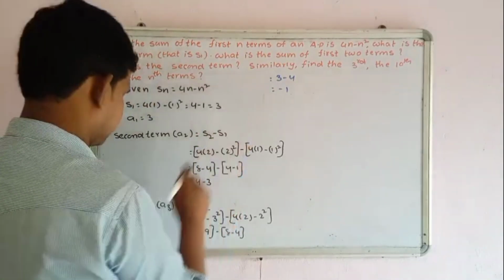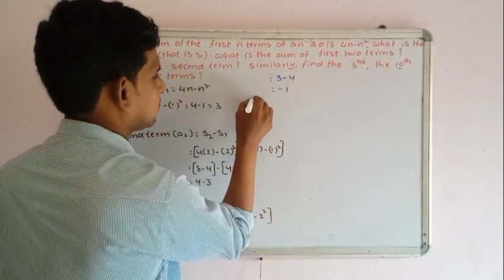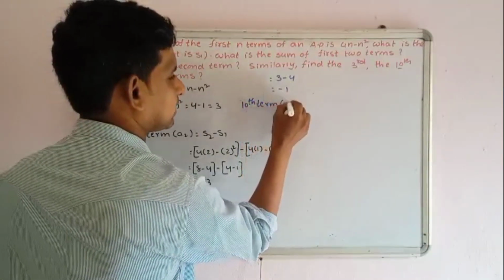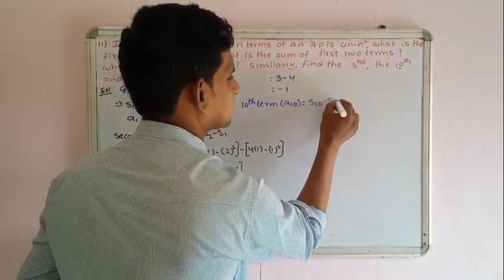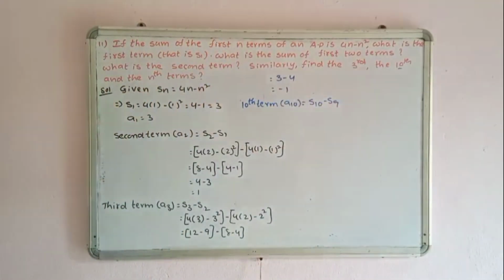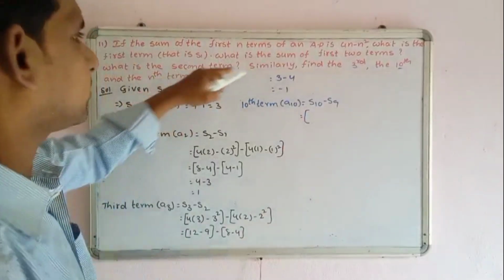Next, the 10th term. The 10th term a10 = S10 − S9. Here S10 is the sum of the first n terms with n = 10.